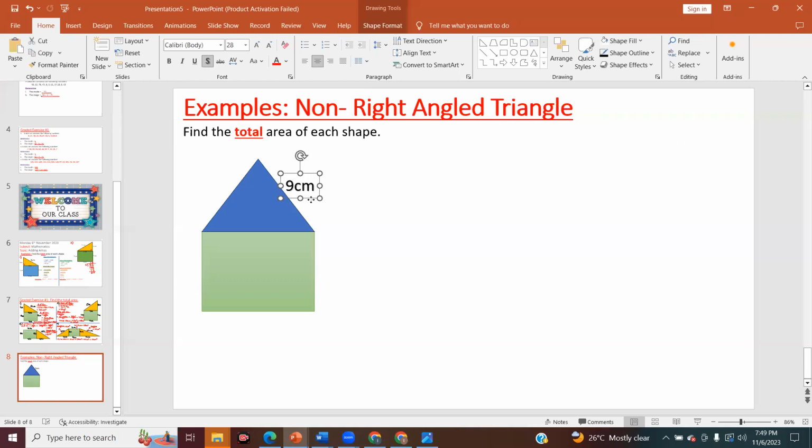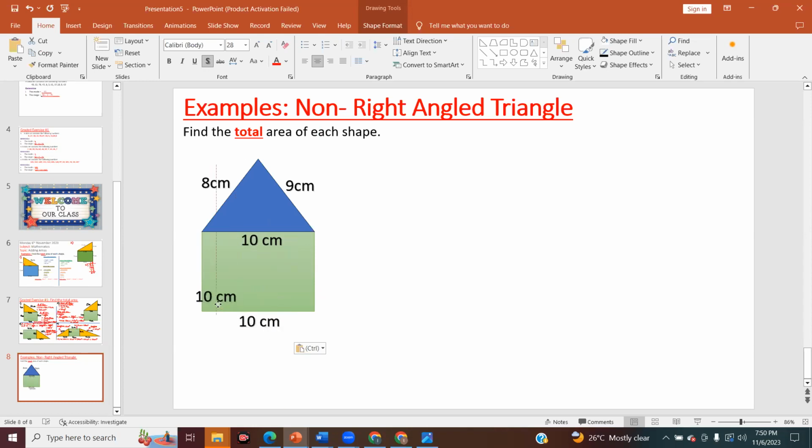So let's say that this is 9. Let's say that this side is 8, okay. And let's say that this side is 10. And let's say that this side is also 10.